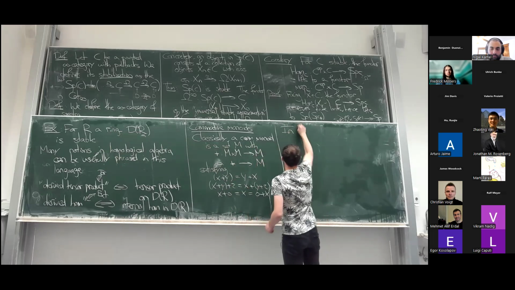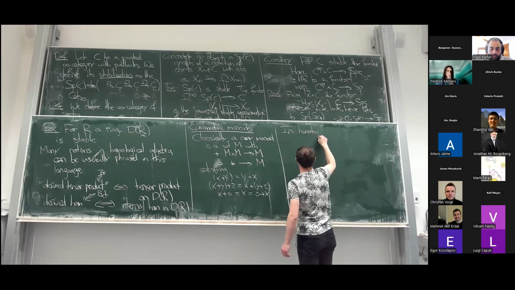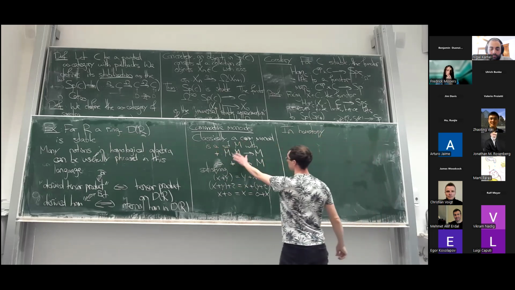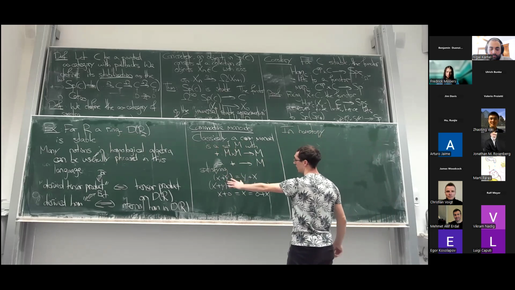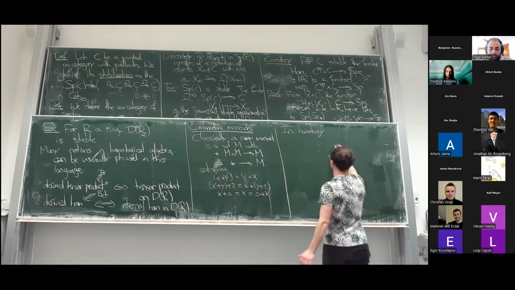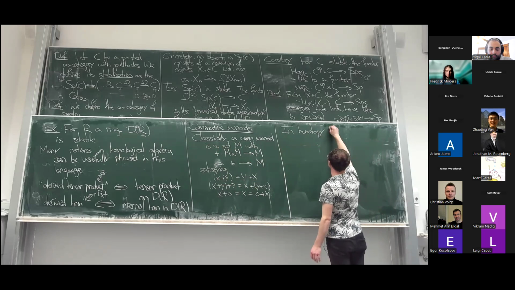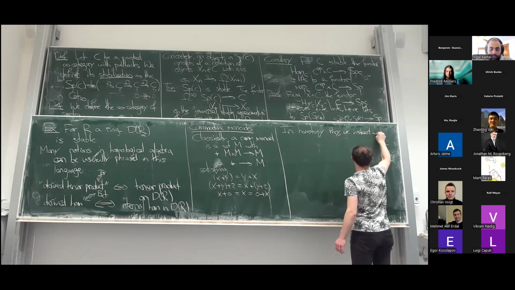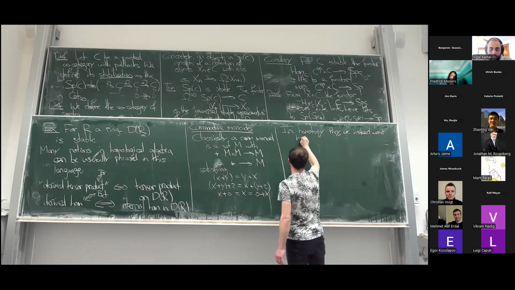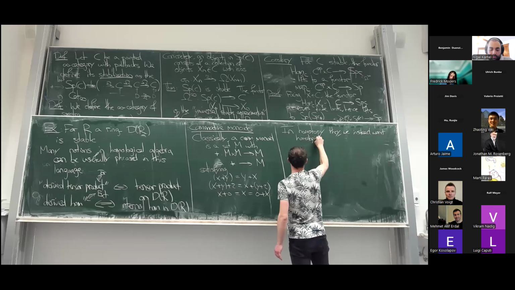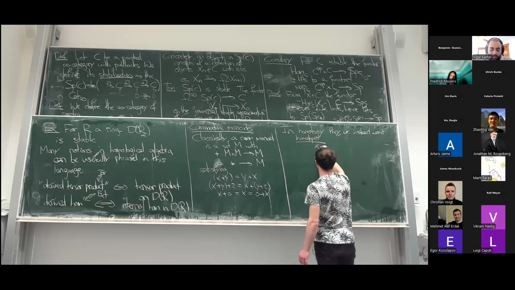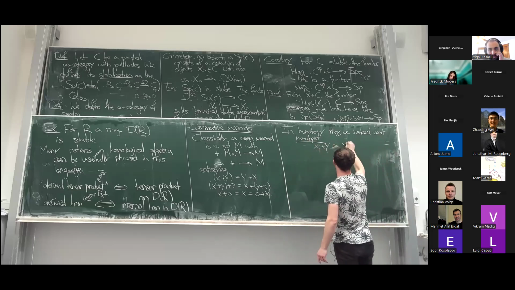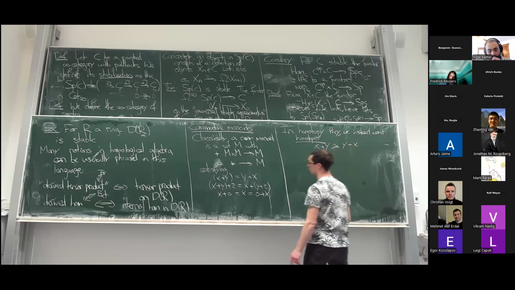So in homotopy theory, if I want to get the homotopical analog of this notion of commutative monoid, I replace the set M by a space M, and I want to replace these equalities by homotopies. So I want the map that sends x, y to x plus y to be homotopic to the map that sends x, y to y plus x.